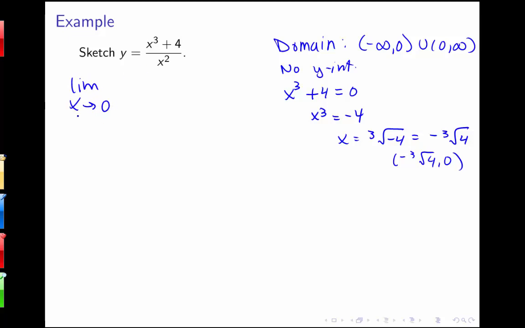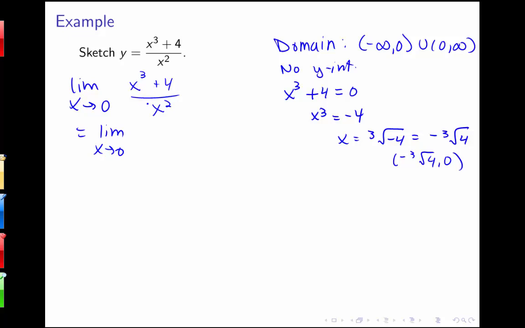So we could look at what's happening to this function as x goes to 0. So I could look at the limit as x goes to 0 of x cubed plus 4 over x squared. And it may help in this case to rewrite this. We're essentially using long division here, but it's a little bit easier than before.